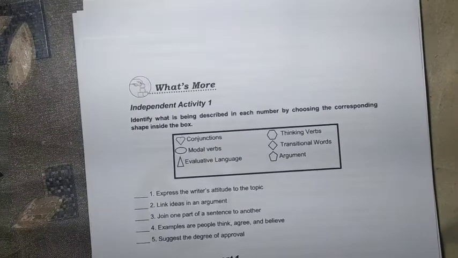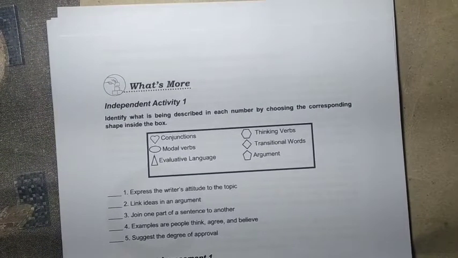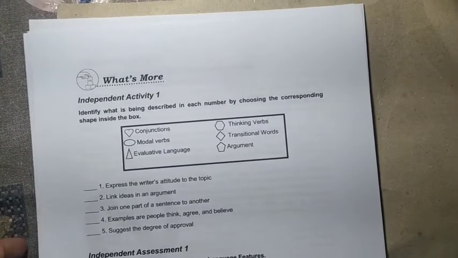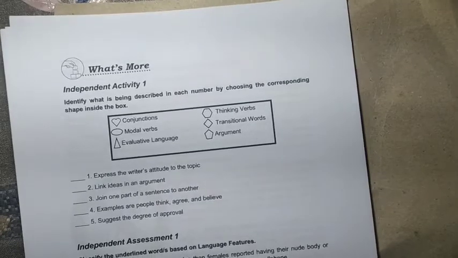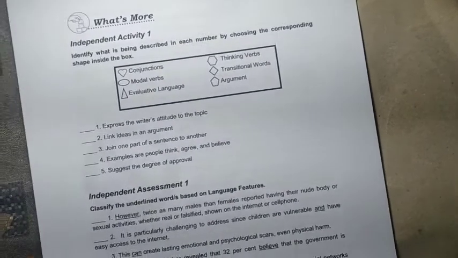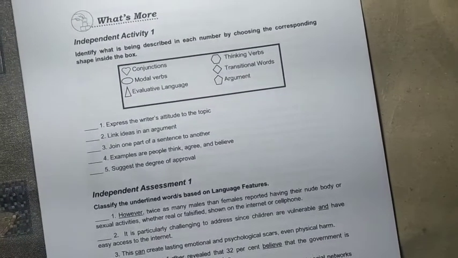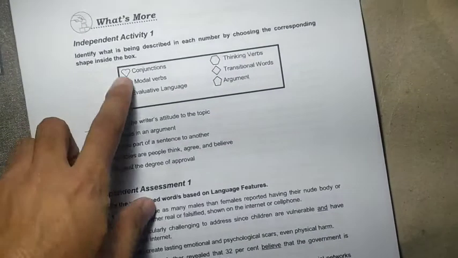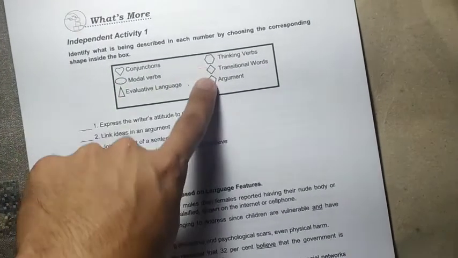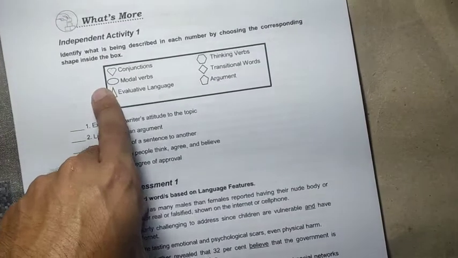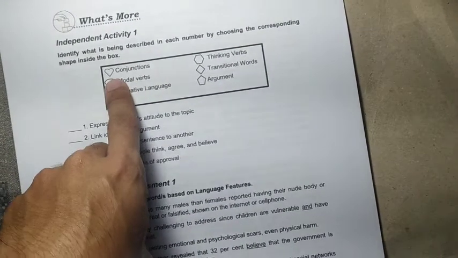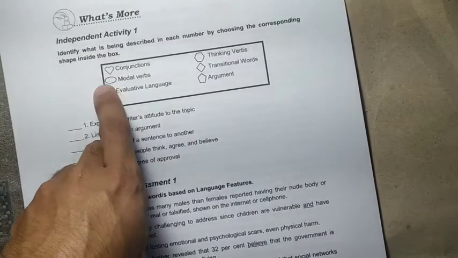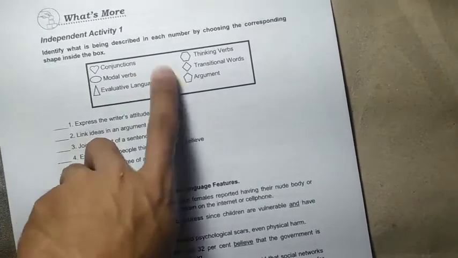In independent activity number 1, you will identify what is being described in each number by choosing the corresponding shape inside the box. We have here different shapes, as you can see, and there is a specific meaning. For example, heart for conjunctions, oval for modal verbs, and so on.